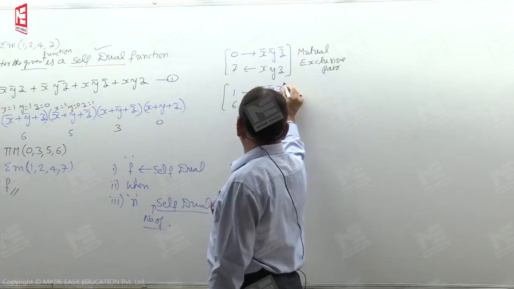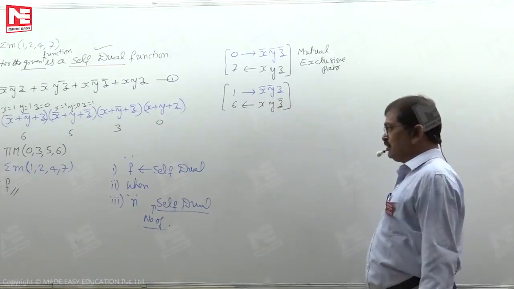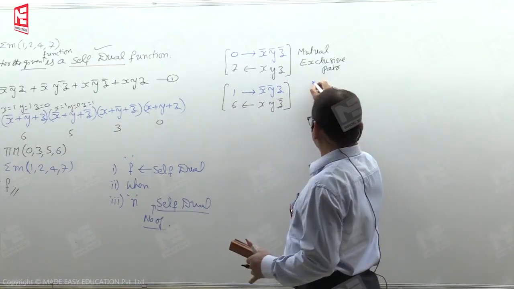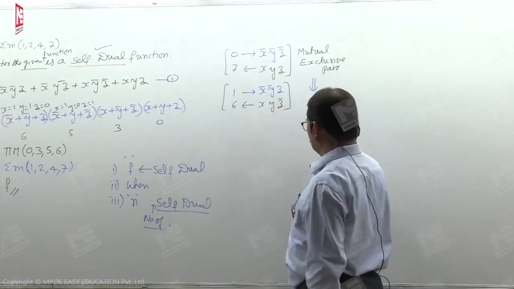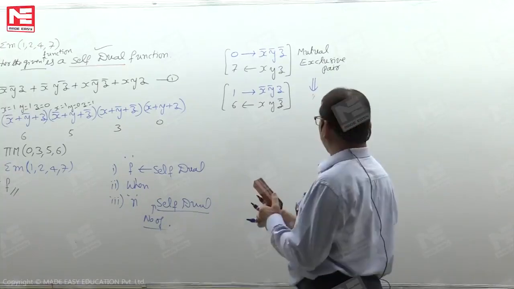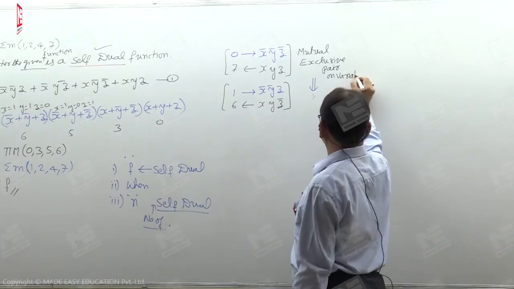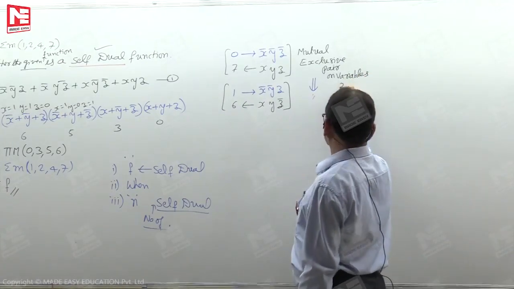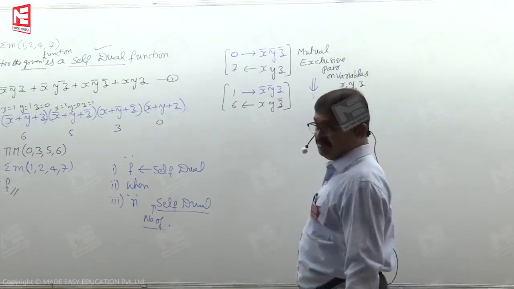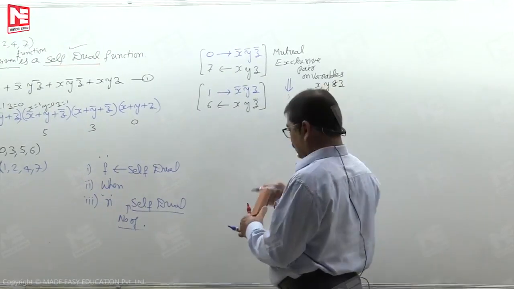This 1 and 6 also we speak of as a mutual exclusive pair. They are the mutual exclusive pair on all three variables x, y, and z.